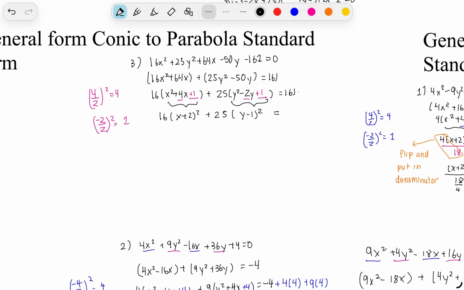And this side you have to add. So this is going to be 16 times 1. And this is going to be 25 times 1. If you sum that side, it's equal to 250. So we have this. We have to divide both sides by 250.